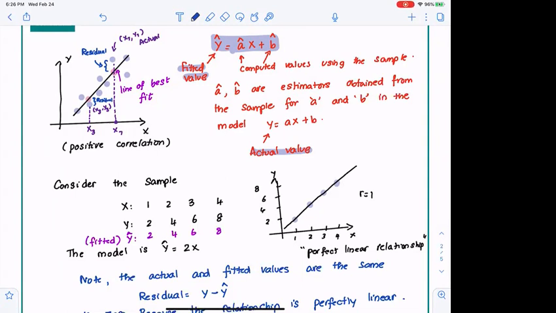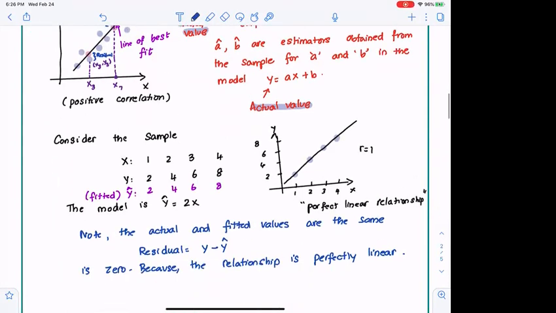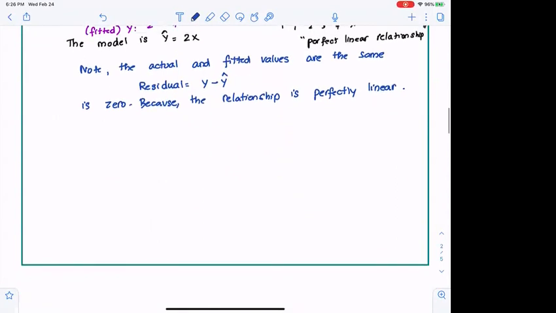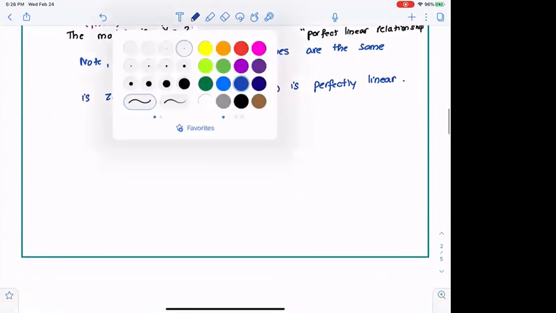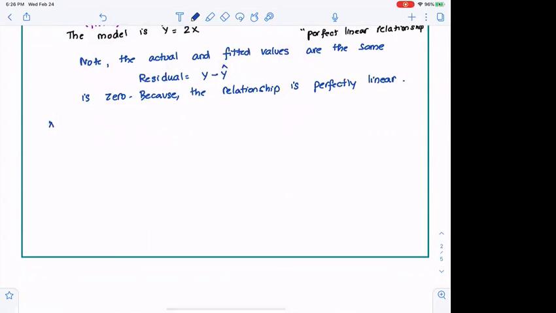So the goal is, if I keep on reducing the residuals between the point and the line that I want, then eventually I'm going to get the line of best fit. So one may say, let me just add up all the residuals for a line and find the line that gives me the smallest sum.